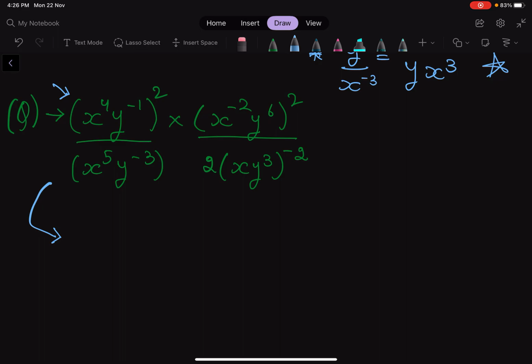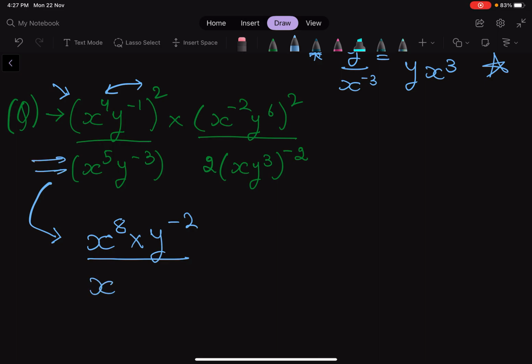If you multiply 4 by 2, we have all studied this in the previous video. If you have any doubt, please watch the previous video. So 4 2s are 8, x power 8 multiplied by y power minus 1 multiplied by 2, it's y power minus 2. Simple. Let's move on to this bracket.